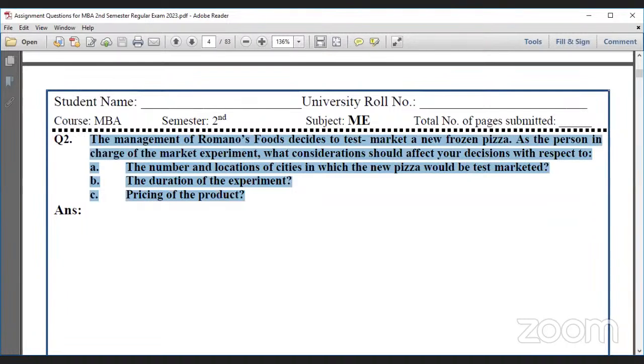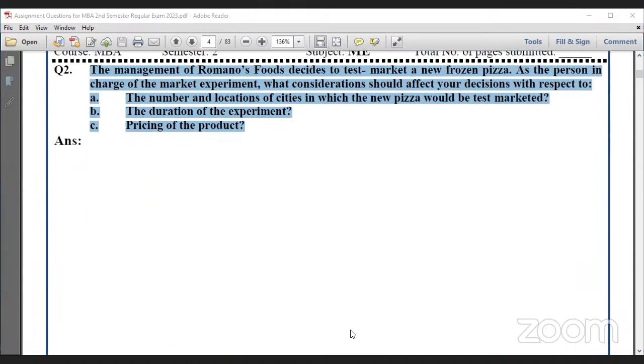First one. Second one, discuss the scope of managerial economics. First question is role of managerial economics. Second one is scope. Okay.